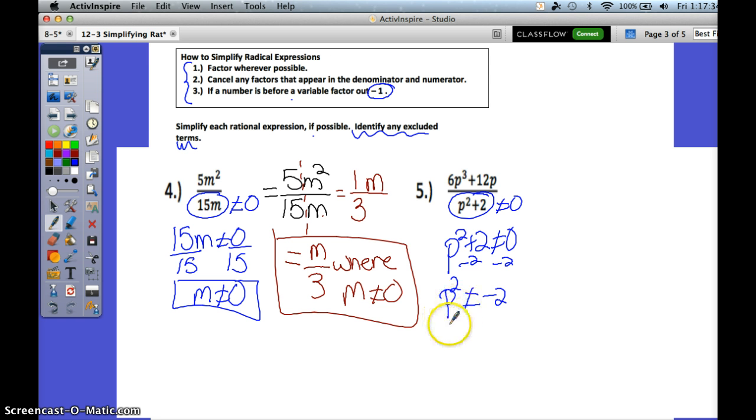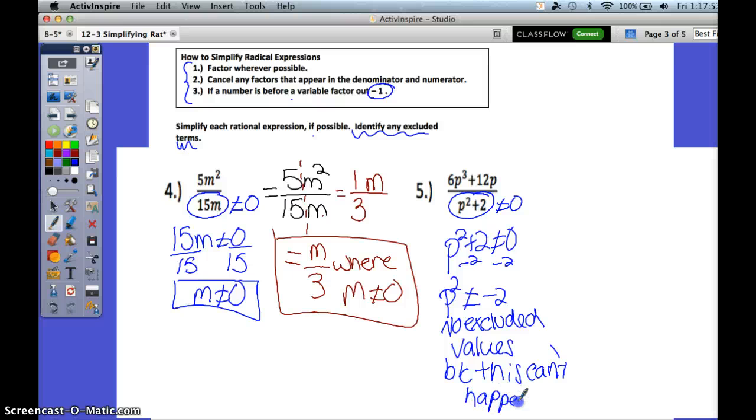No. So nothing squared can equal a negative 2. This is never going to happen. So you have no excluded values, because this can't happen.